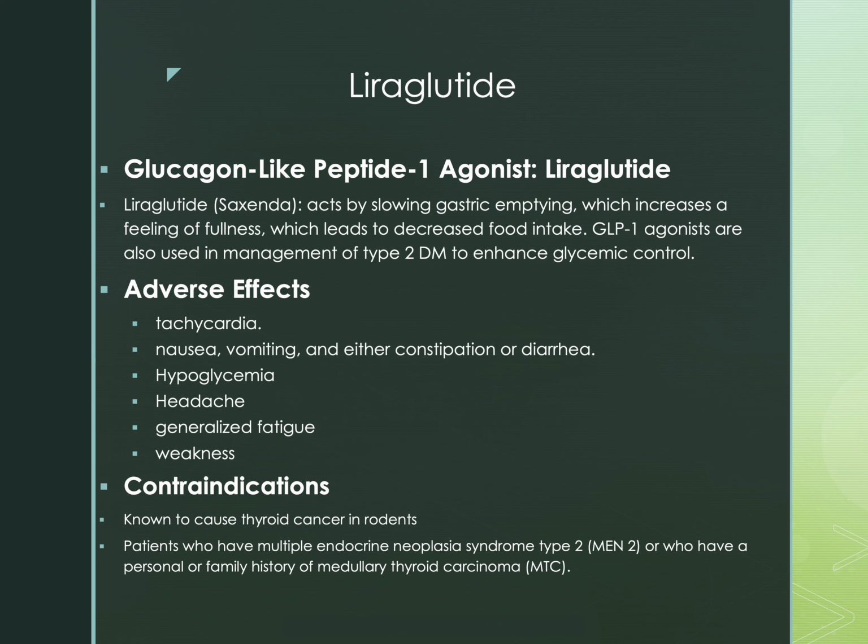The contraindications for a patient for a GLP-1 is if they have known thyroid cancer or a family history of medullary thyroid carcinoma, or multiple endocrine neoplasia syndrome, and this is called MEN. Let me say it again. Multiple endocrine neoplasia syndrome type 2. And this is because this drug has caused thyroid cancer in rodent studies.